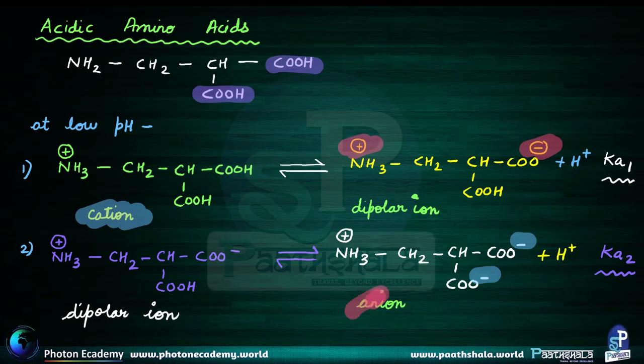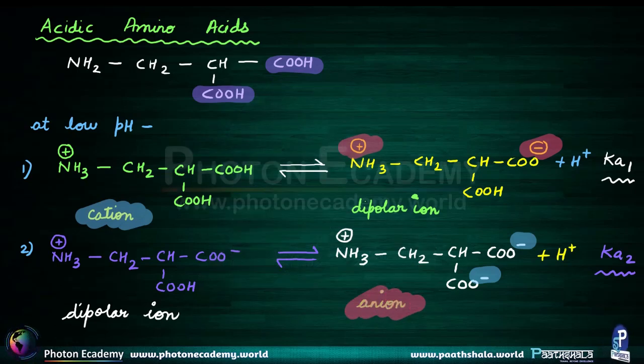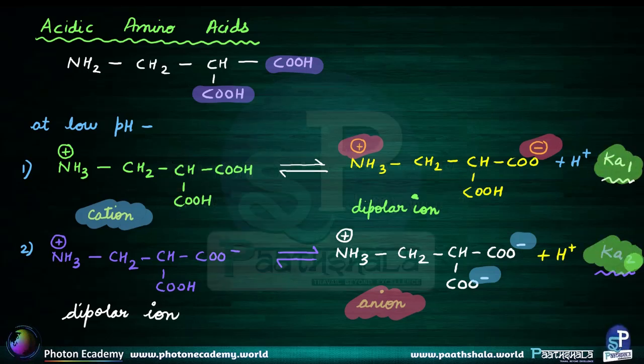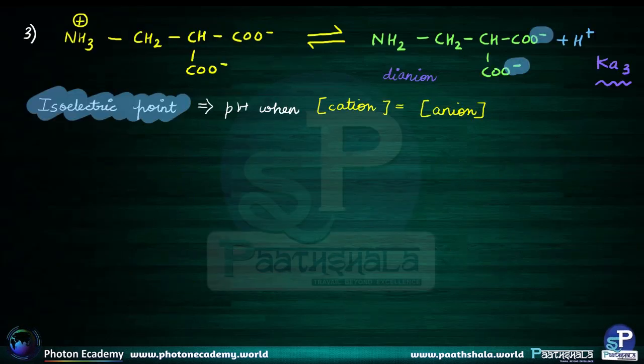So till here, Ka1 and Ka2 are of importance to us. If we have to find the isoelectric point, it will be from the contribution of this particular Ka1 and this particular Ka2. So let us write the isoelectric point, which is represented by Pi.